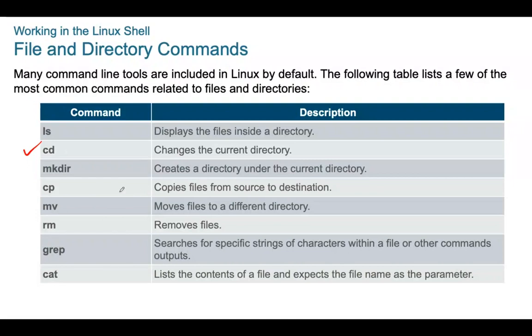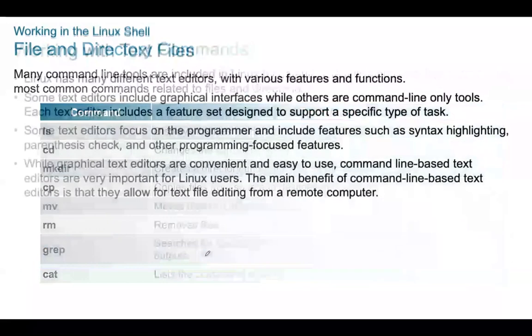If you want to make a directory, you use the mkdir command. If you want to copy files from source to destination, we use cp. And to move files to a different directory, we use the mv command. The rm command is used for removing files, the grep command is used for searching a particular word or sentence in a given file, and cat is used to display the entire content of your file, right?